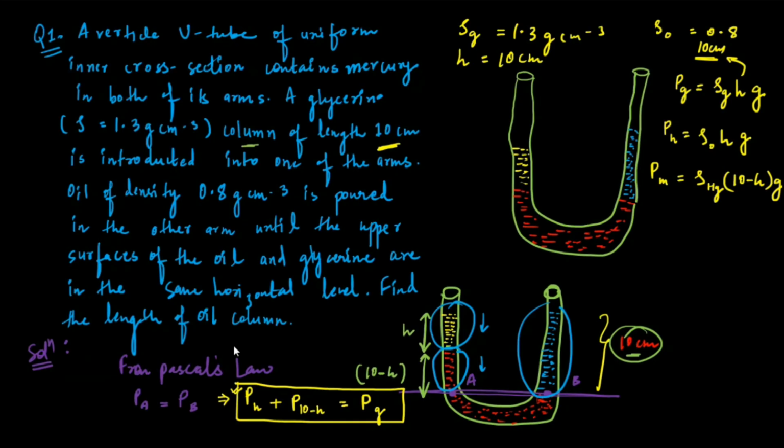Pressure due to oil plus pressure due to mercury with 10 minus h is equal to Pg. Then Pg is equal to rho g h, which is 1.3 times g times 10.